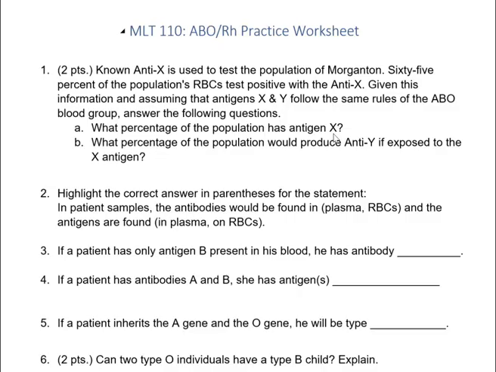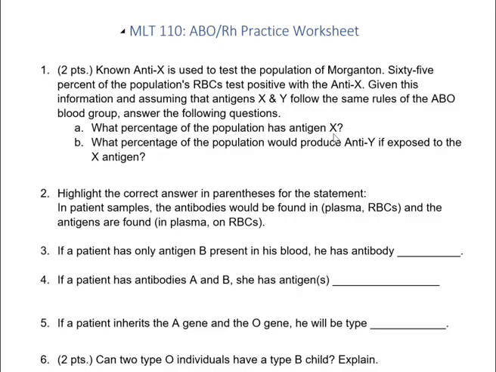If this was an A patient and we were to test it with antibody A, we'll just replace the X with A. If the percentage of the population has antigen A and we tested with antibody A, what percentage would have it? 65%.